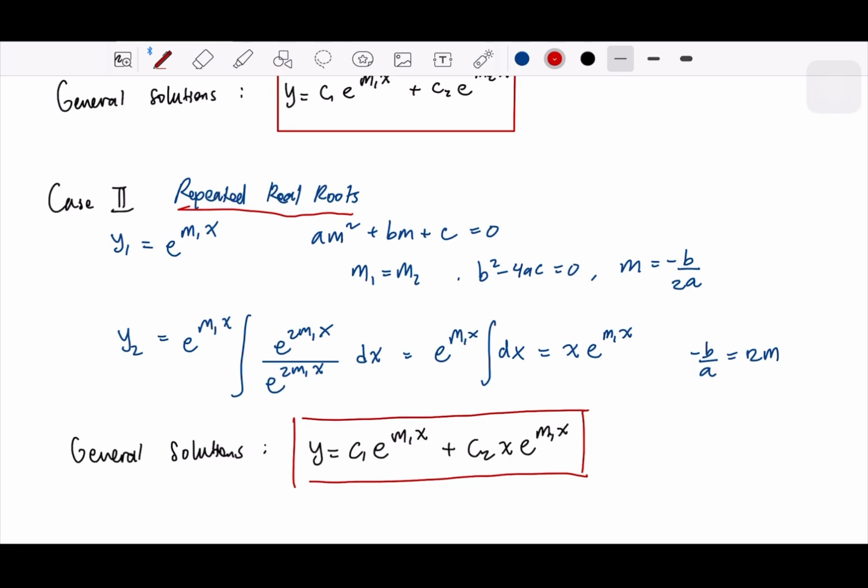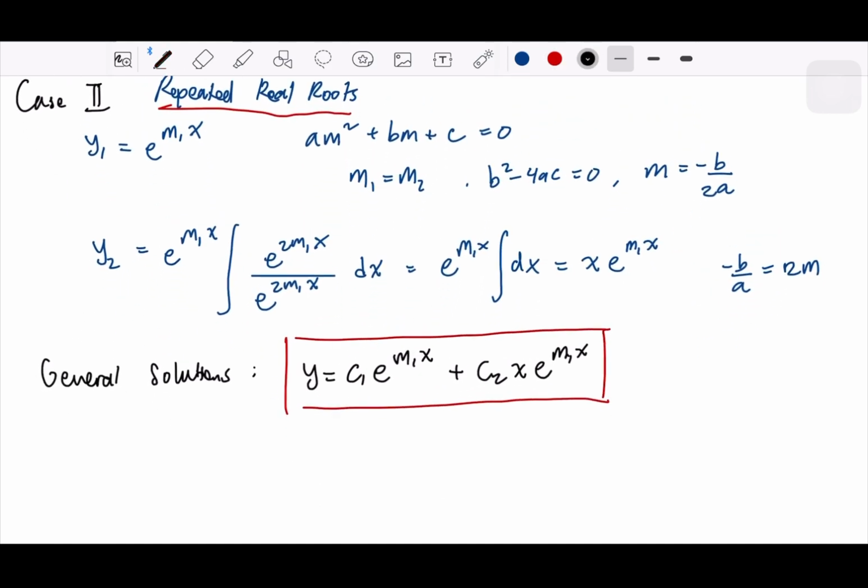When we increase the order, we might have 3 or 4 or 5. But with the same conclusion, that the discriminant is 0 and the values are the same, we will have x e to the mx, x squared e to the mx, and so forth, as long as they are linearly independent. We will see that later. Okay, so this is the second case.